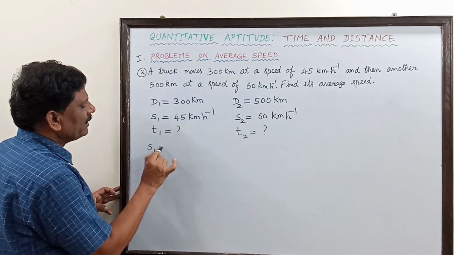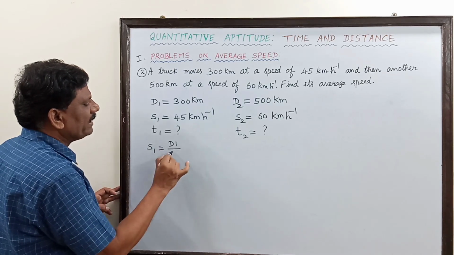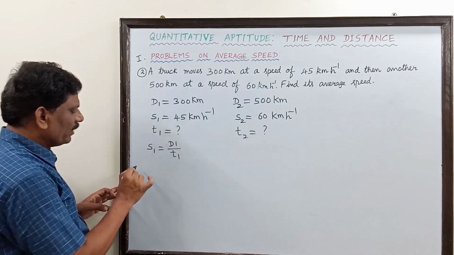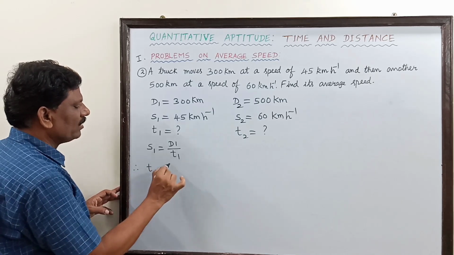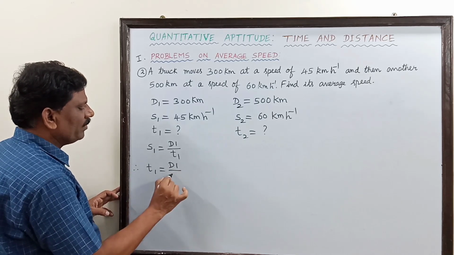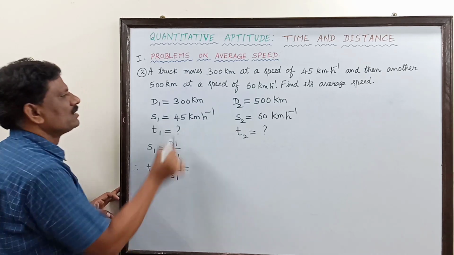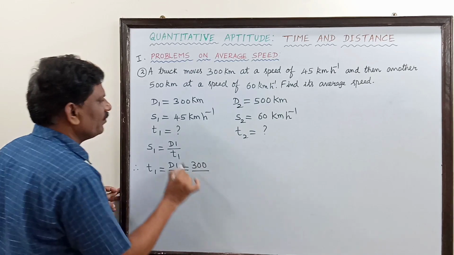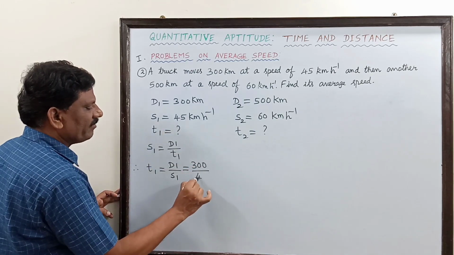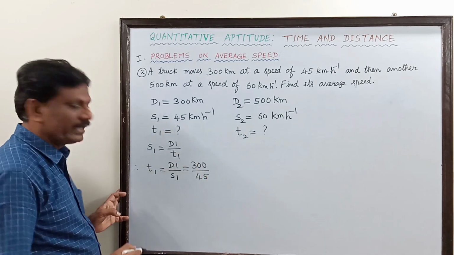Speed s1 is equal to distance d1 divided by time t1. Therefore, time t1 is equal to d1 divided by s1. So distance 300 divided by speed 45.